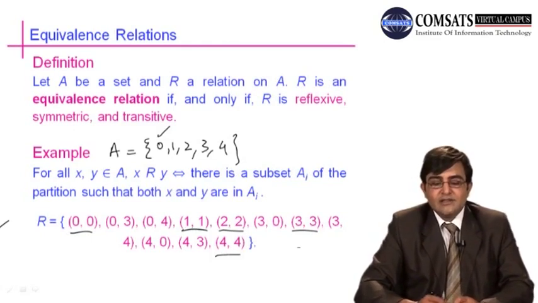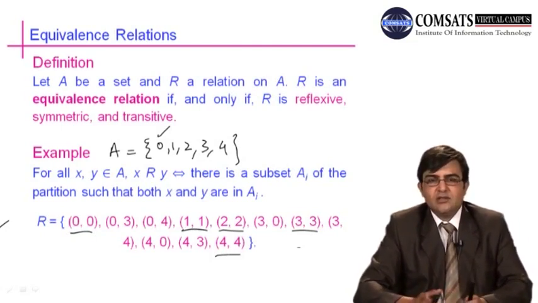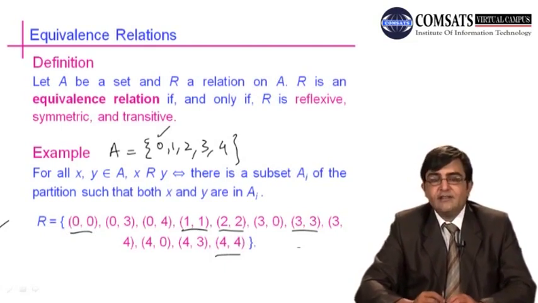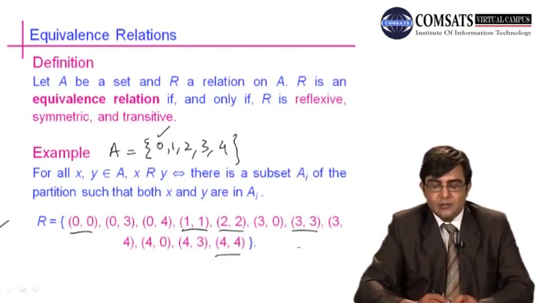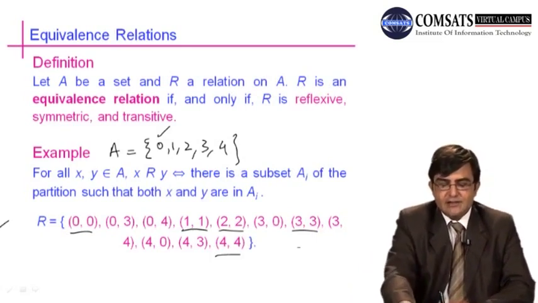Now we have to check whether this relation is symmetric or not. If X is related to Y, then Y must be related to X. This is the definition of a symmetric relation. So we check that 0 is related to 3, then 3 is related to 0.